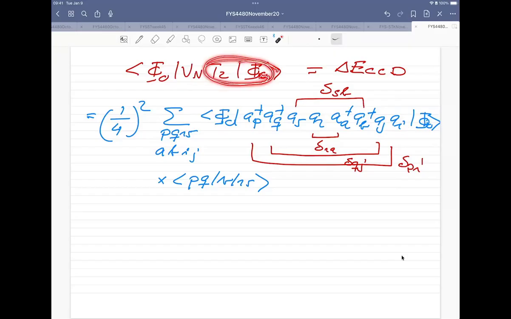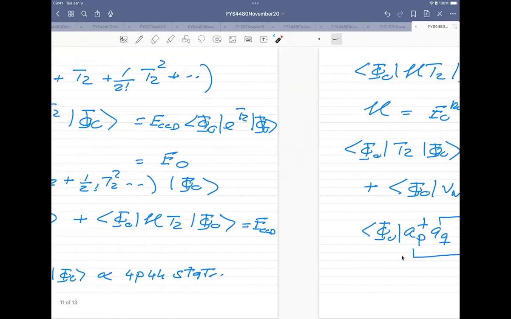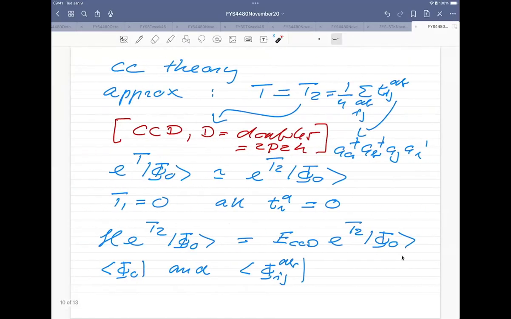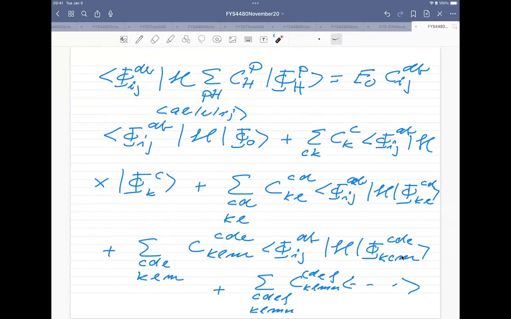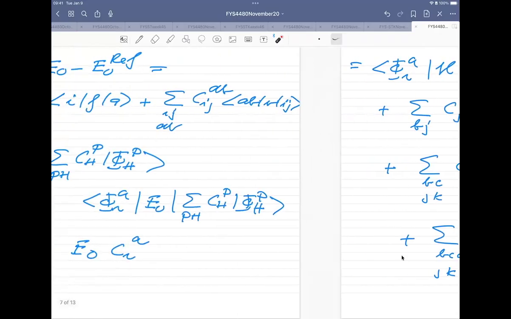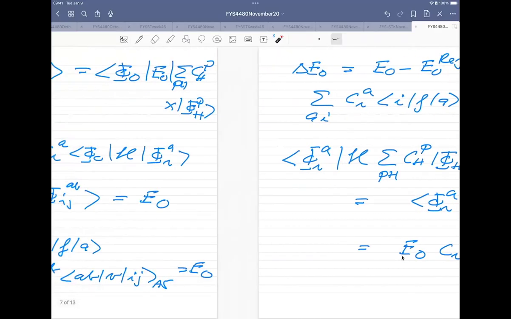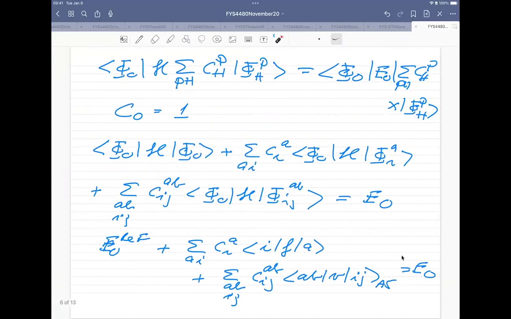So if you look at this term here, and you now go back in time to what we did before the break, then there is a term which we had in delta E0, which is this one. So that's the same term which we are looking at now, because this is already a T2 times phi 0.